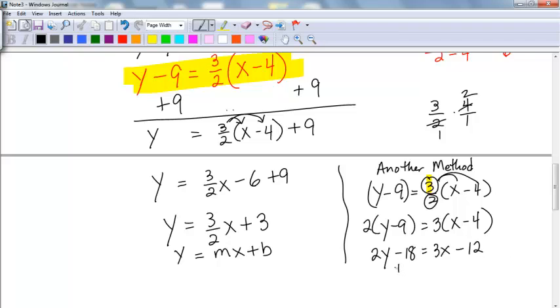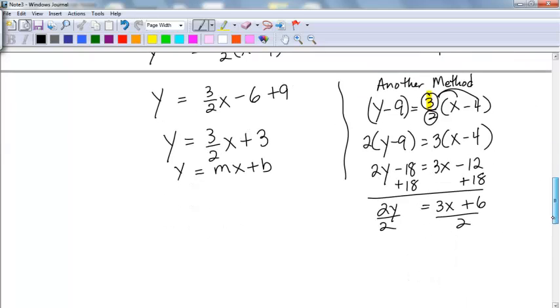Add the 18 to both sides, and I'd get 2y equals 3x plus 6. Divide by 2, and I'm at y equals 3 halves x plus 3, since that 2 divides into both of them.